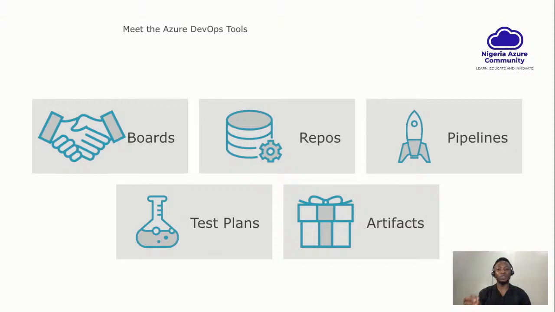And with Azure Boards, like I said, we begin our software development lifecycle not by writing code, but by planning for the actual functionalities and features that need to go into our application.